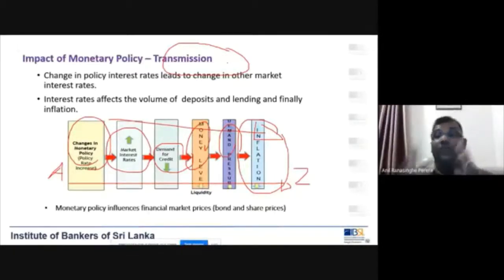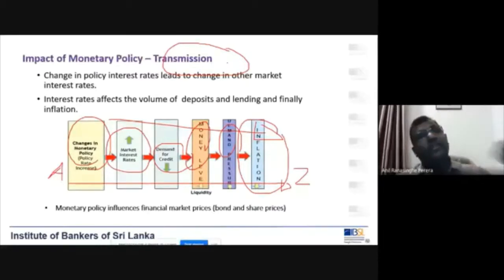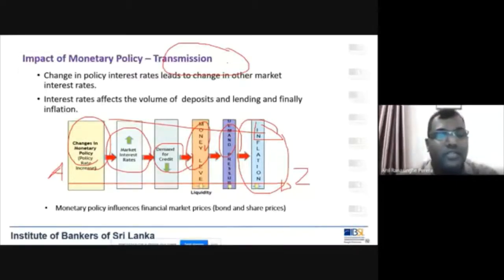So central bank is very keen on this, how the monetary policy is transmitted to the economy, how it goes to the broader economy, which is the transmission process. And there are various channels. Could be through credit, could be through exchange rate, likewise. I'm not going to detail them because it's an advanced discussion.